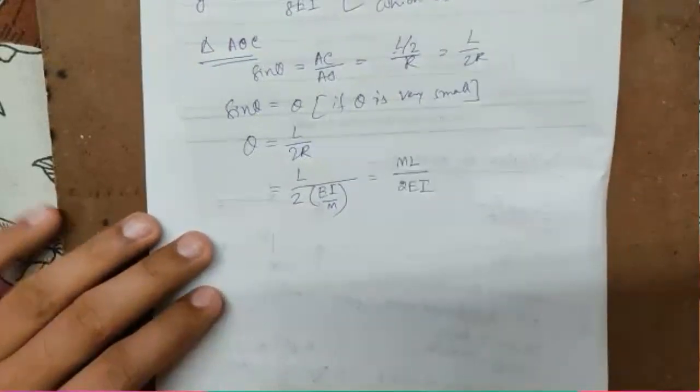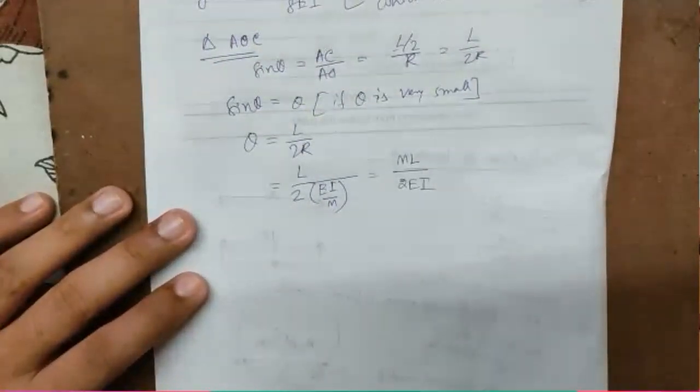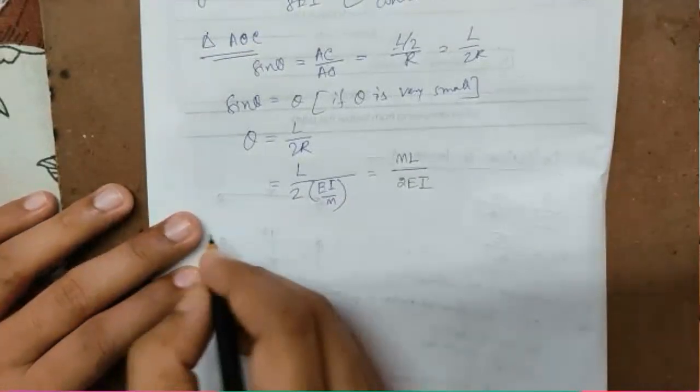Now, we will find the relation between slope, deflection and radius of curvature.